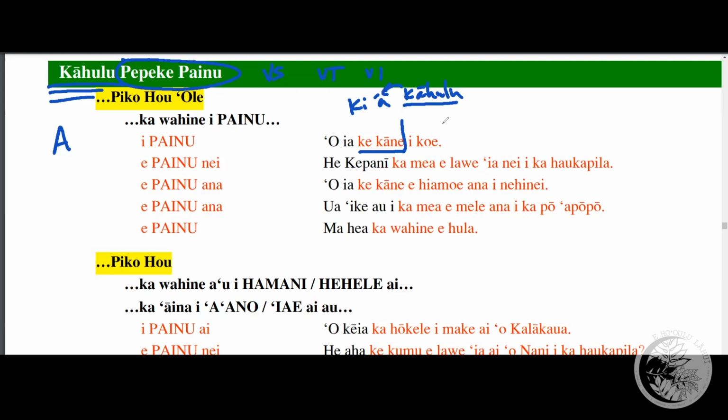We might be more familiar with something like oye kekane nui, oye kekane akamai, and of course the words nui and akamai describe kekane. Now in a kahulu pepeke painu, you notice there is a maka painu here, like the word e. So this phrase that we call the kahulu pepeke, or the relative clause, is describing the kia. That's its function.